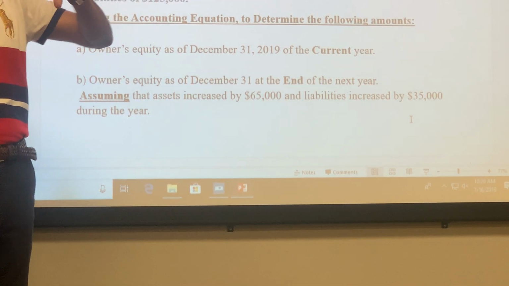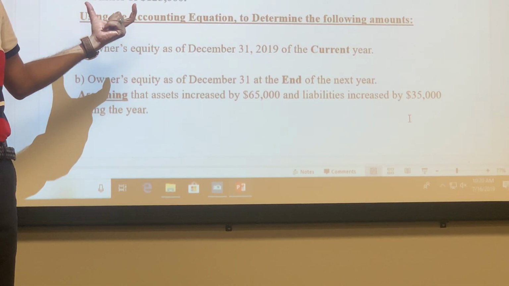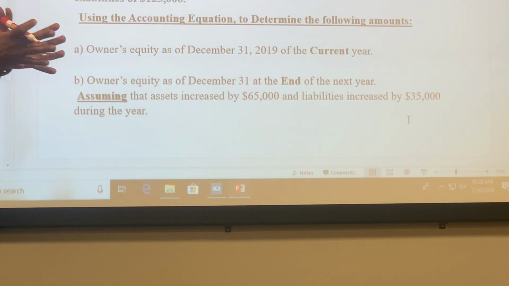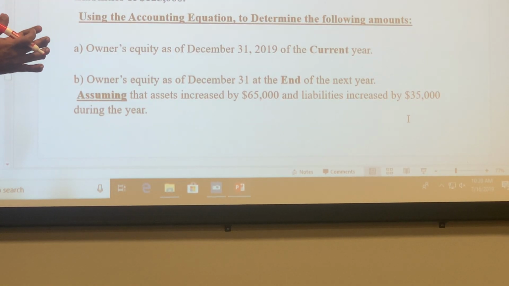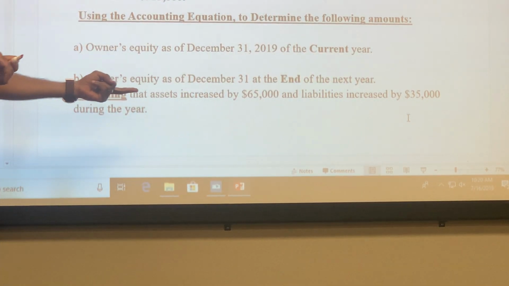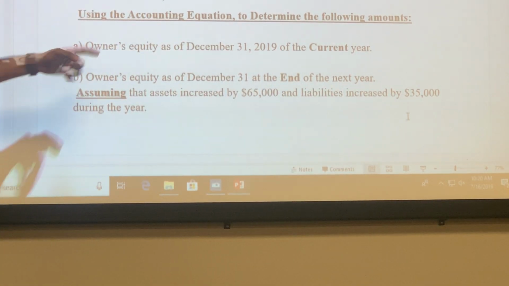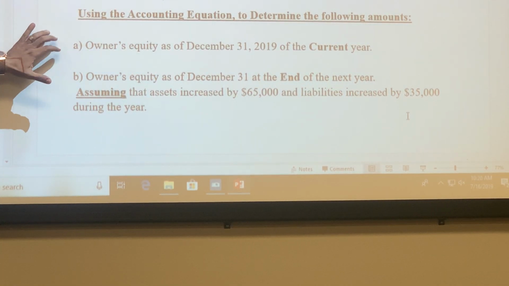So we are missing what? We have assets and liabilities, but we miss owner equity. So we have to figure out owner equity in the current year and the owner equity at the end of the next year. It's easy. Number one, very easy.